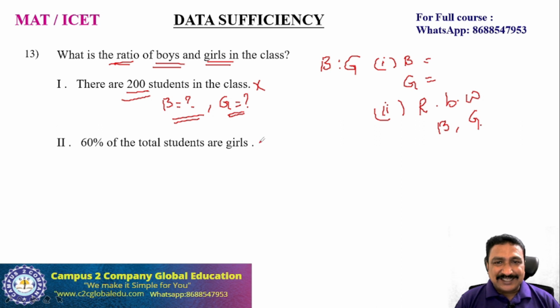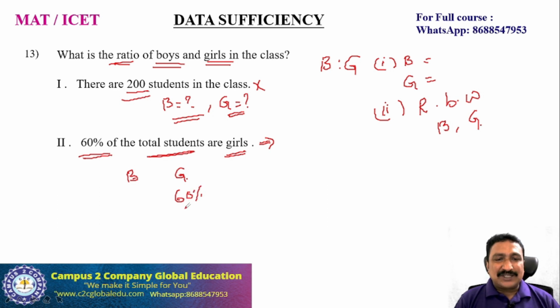Now come to the second statement. The second statement is 60% of total students are girls. So if you take a classroom, there will be boys and girls. Right, students? Out of the boys and girls, they mention 60% of students are girls.